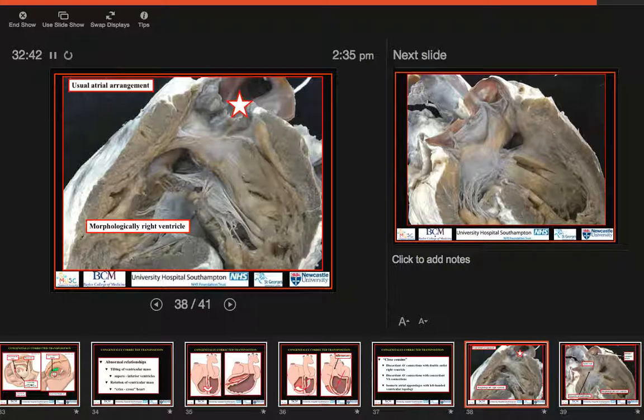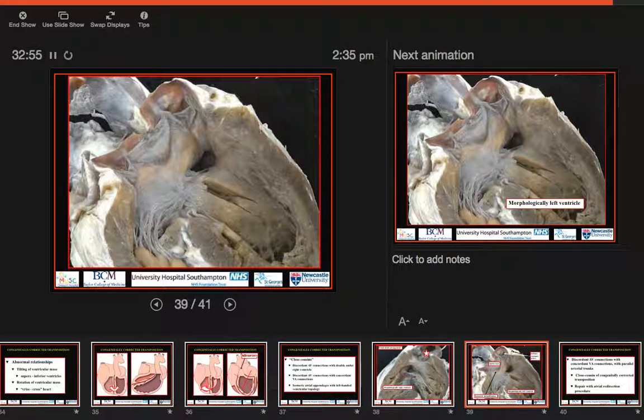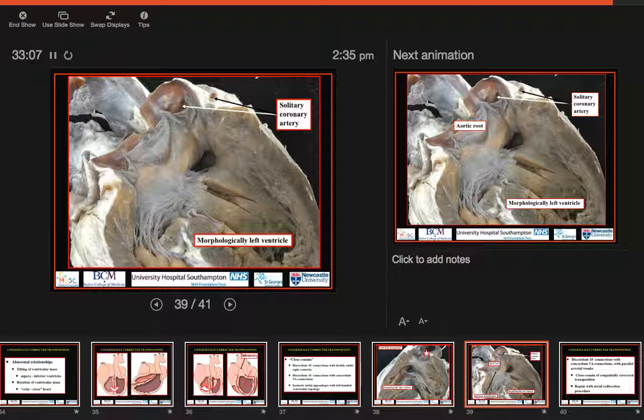And it looks at first sight as though this arterial trunk arising from the morphologically right ventricle is an aorta. And in fact, I looked at this heart 2 or 3 times before I realized eventually what was going on. Because here is the other side, and when I now look at it very carefully, I see that in fact the coronary artery is arising from the right-sided arterial trunk, because there are concordant ventriculo-arterial connections.